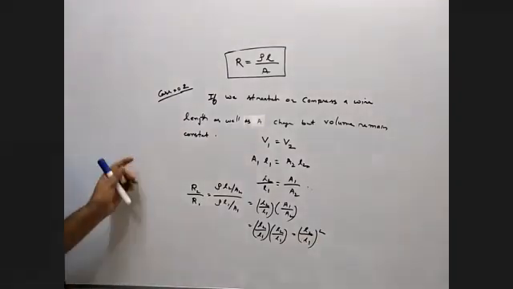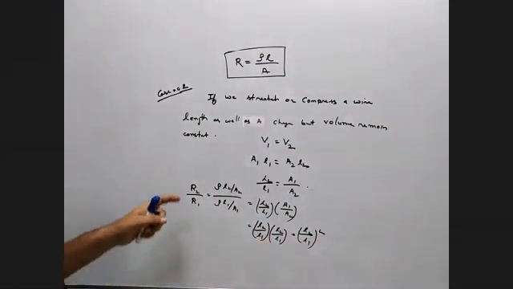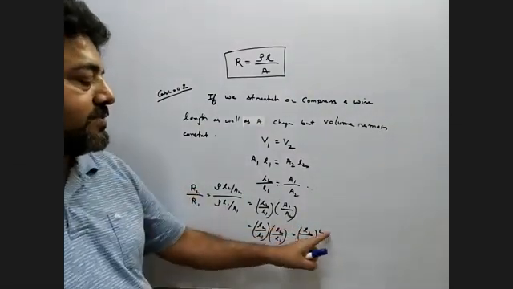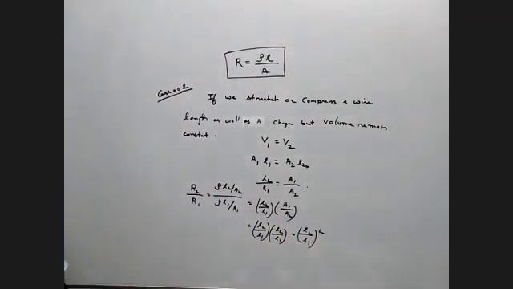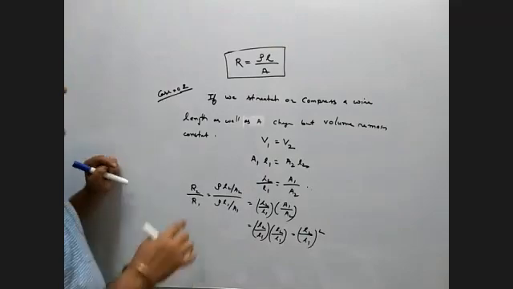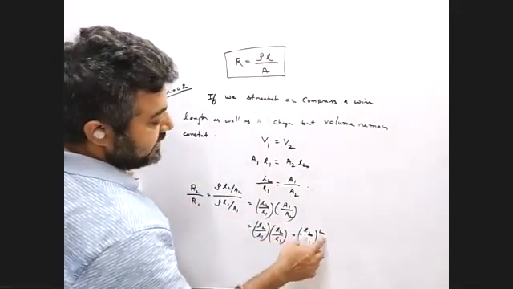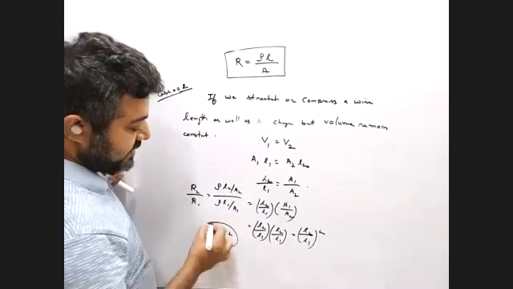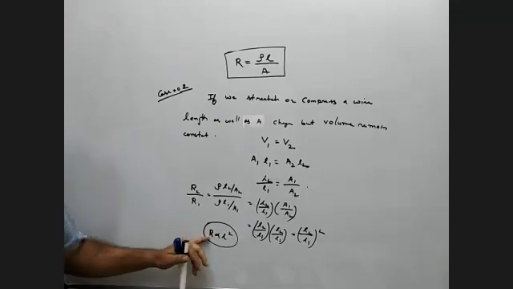Now, if you want to compare, here you have R2 by R1 equal to L2 by L1 whole square. You see, earlier R is directly proportional to L, and here R2 by R1 is L2 by L1 square. That means R is directly proportional to L square. Is it clear, everyone? Yes, sir. So always remember this part.